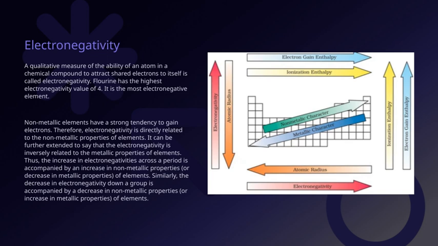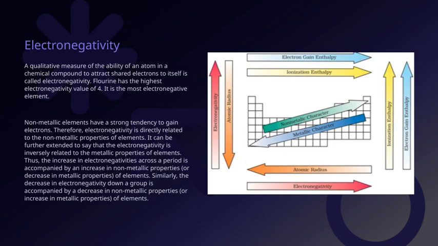If we look across a period in the periodic table, electronegativity generally increases. This increase coincides with elements becoming more nonmetallic and less metallic. On the other hand, moving down a group, electronegativity decreases, and elements exhibit more metallic and less nonmetallic behavior.